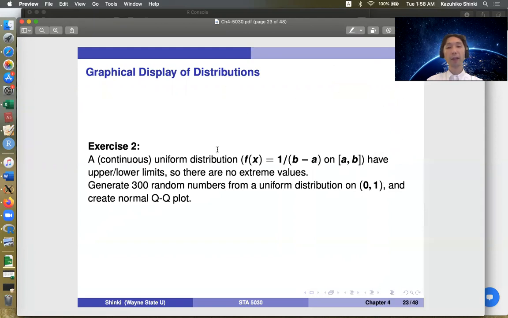If we make a histogram of those random numbers, it is just square-shaped. From 0 to 1 we have a flat histogram, and above 1 and below 0 we don't have any observations. That is a typical light-tailed distribution. No extreme values; all observations are between 0 and 1. So the opposite thing happens.